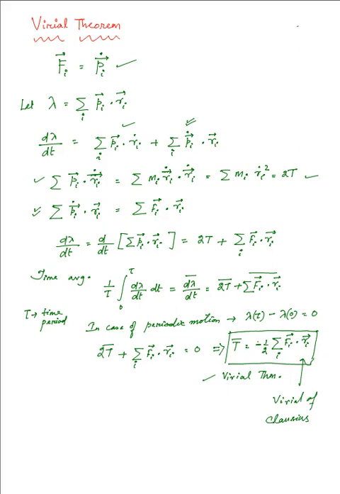Now this can also be applied for a non-periodic motion. The condition that we consider in case of non-periodic motion is that the coordinates and the velocities of all the particles remain finite. So there is an upper bound to the quantity lambda.